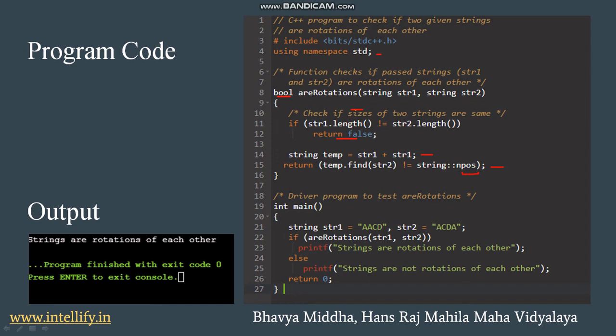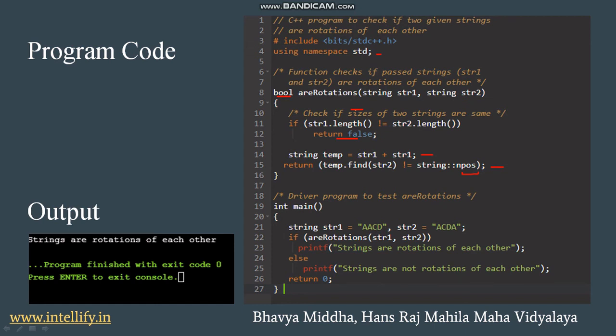We use npos here. npos is used to traverse the string till the end. Otherwise, we have to use the for loop for string traversal by mentioning the index positions, but here npos does our work easily.